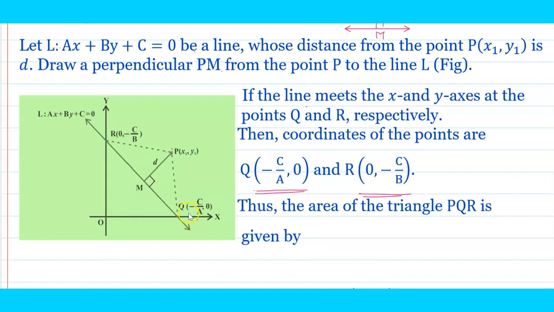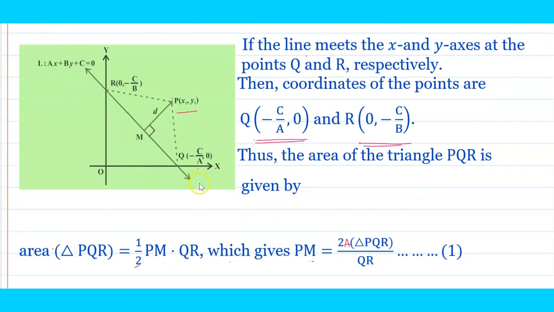Now for the coordinates: this is (x1, y1), this is (x2, y2), and this is (x3, y3).